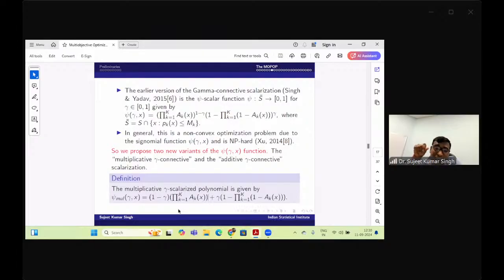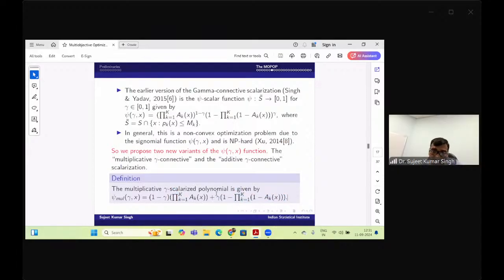Basically, that case is if all these concave functions are homogeneous polynomials of degree 1 only. That is the requirement, and only then will this product be a concave function. So the product of concave functions is concave only in some cases, not always. The product of concave functions is always a quasi-concave function, but it will be concave only in some cases. But we are still not sure about the nature of the second term.